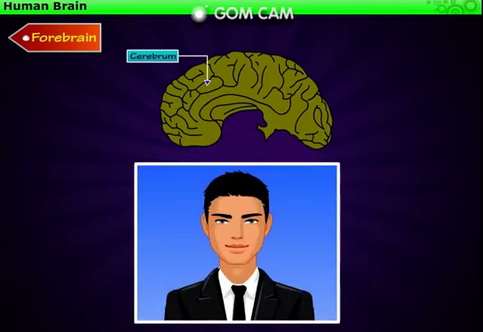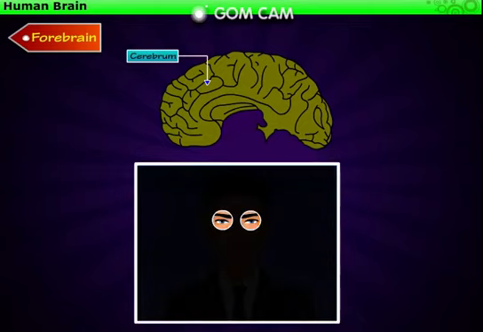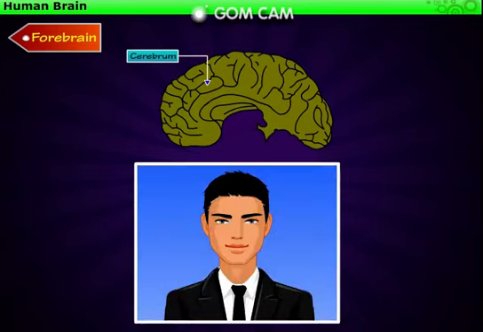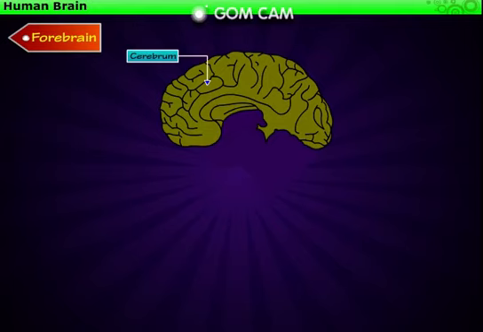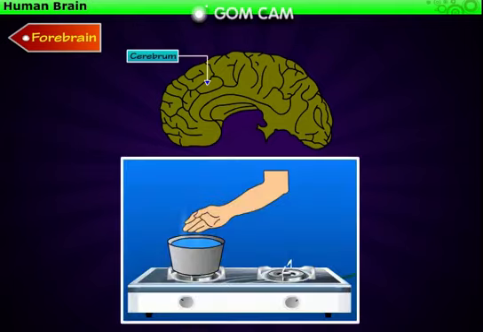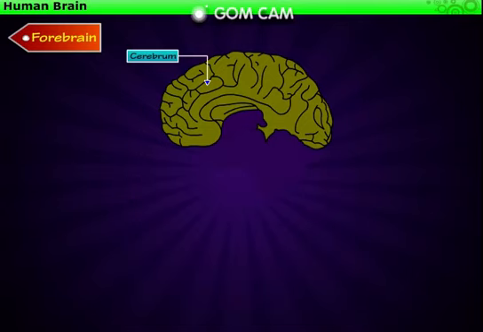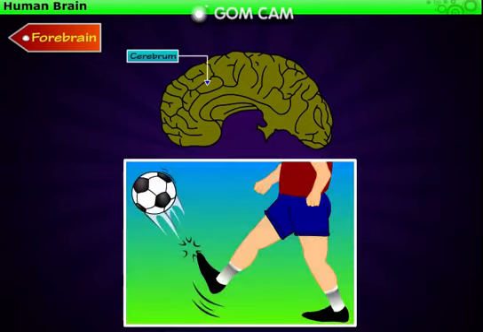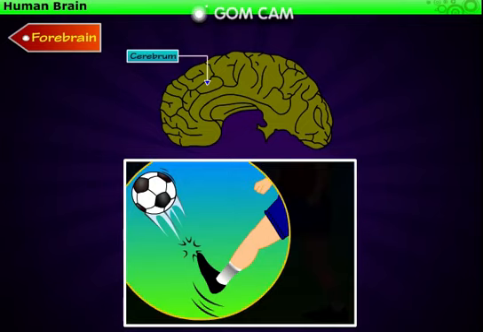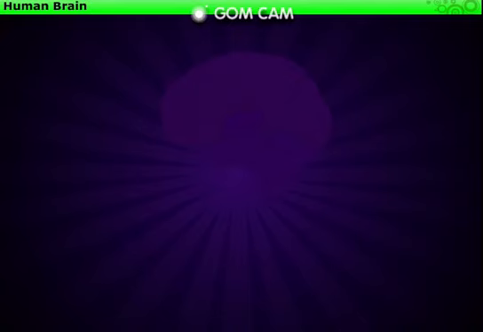It has separate sensory areas to receive information from the sense organs, like eyes, nose, ears, etc., and give us the sensation. It controls all our thoughts, sensations, actions, and movements. All the voluntary actions, like kicking a football, are coordinated by the cerebrum.